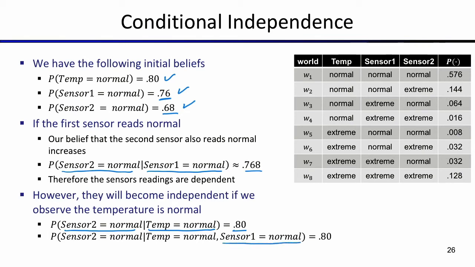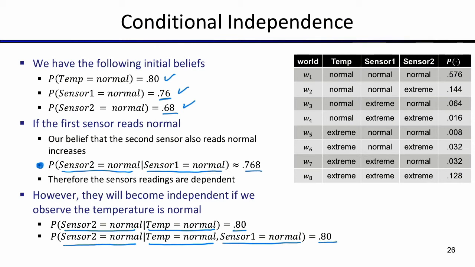We saw here that sensor 2 was not independent from sensor 1. Reading sensor 1 first would change our beliefs in sensor 2, but now that we know that the temperature is normal, look what is happening here. The probability of sensor 2 being normal continues to be 0.8. It didn't change anything.